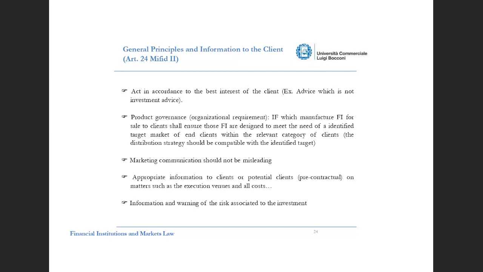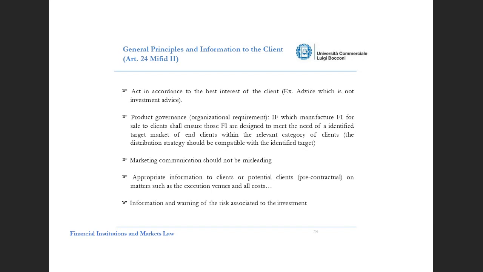Obviously, one of the typical techniques through which you protect clients in the context of MiFID is to provide information to investors. And so you find a lot of provisions in MiFID on information that comes before the service is provided, information that goes to the client during the execution of the service, information that goes to the client after the service is provided, information that concerns the contract, information that concerns costs and execution venues.